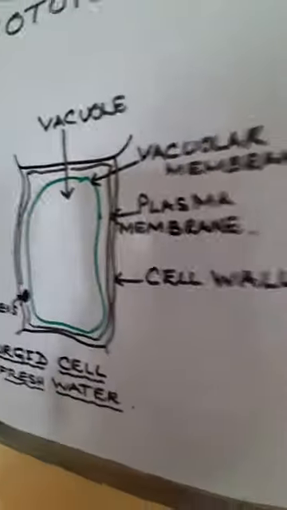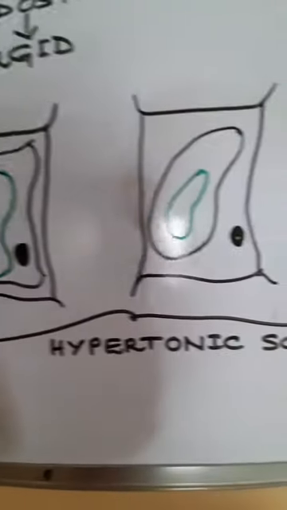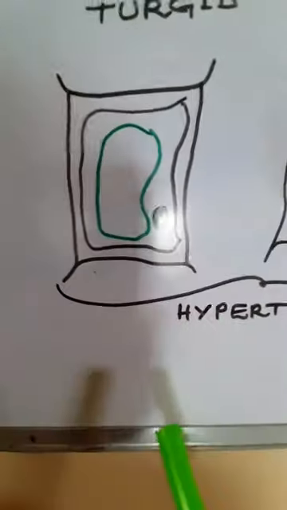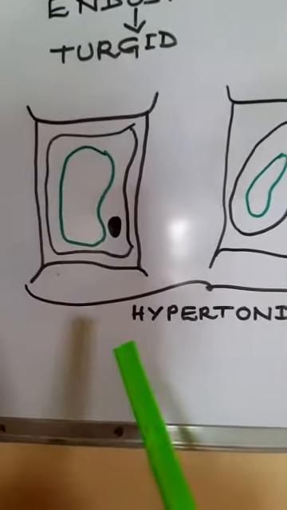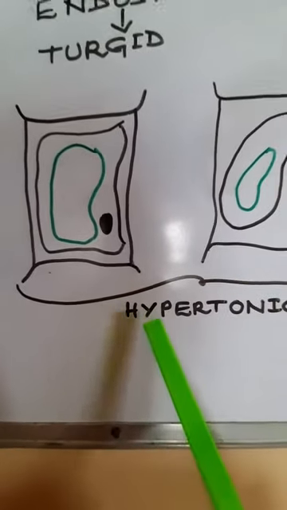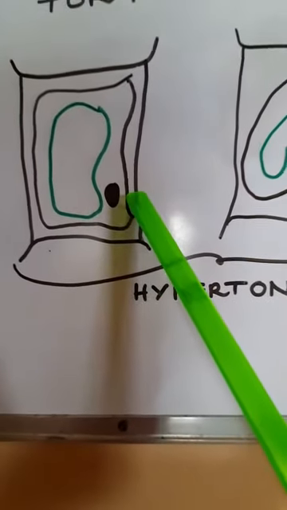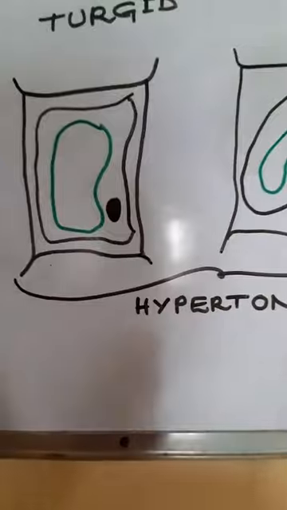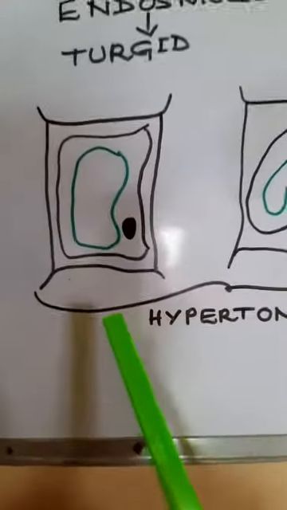Now, the same cell, when it is put in a hypertonic solution, say you have put it in some amount of salt solution, that means that solution is higher in concentration than that of the cell sap, the cell fluids inside. What happens?